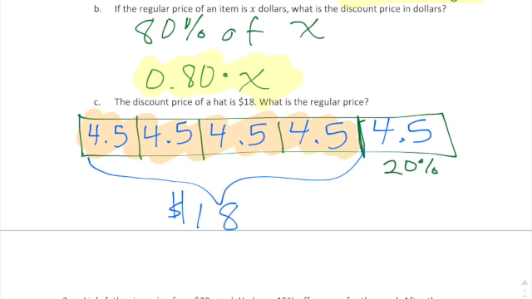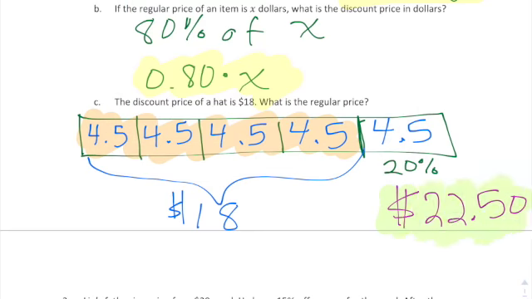So then my leftover is still 4.5. So total, my answer is going to be $22.50. Because that's what I can see here.